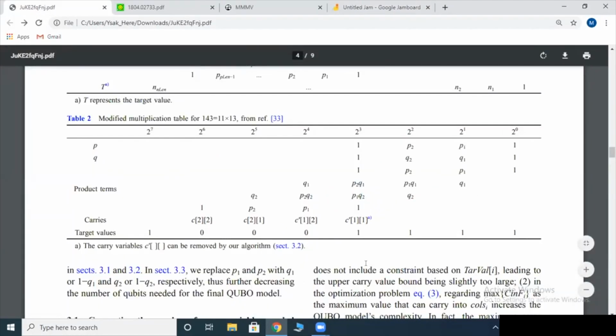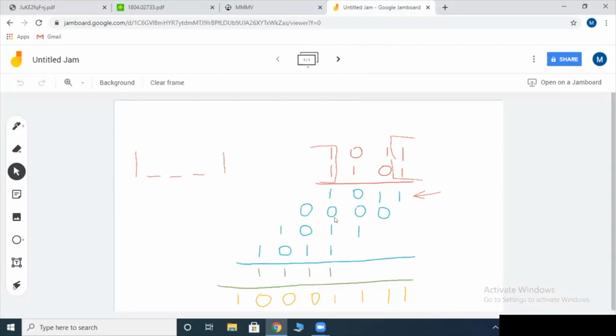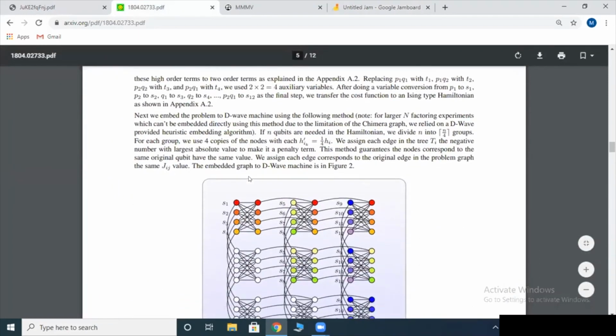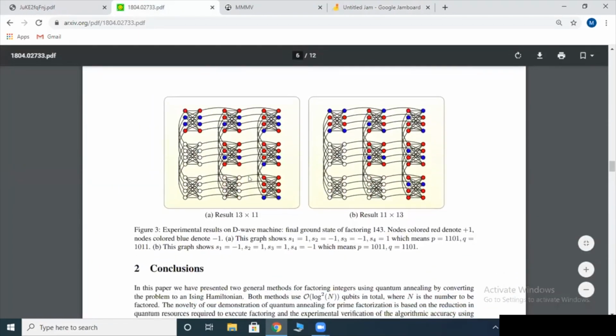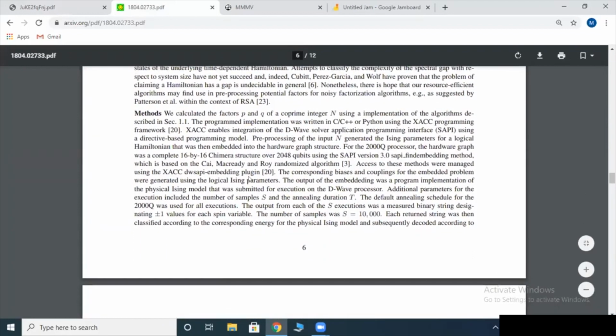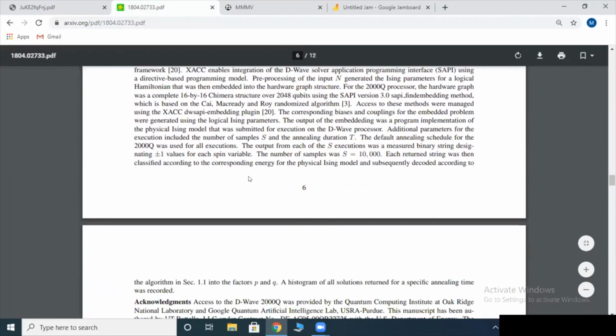In the first section, we are trying to optimize this particular multiplication process, to convert it into an optimization problem. Why are we doing this? To understand it clearly, we have to see how we can convert this into an optimization problem.